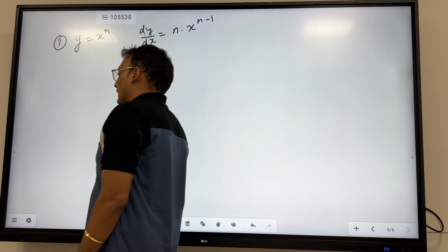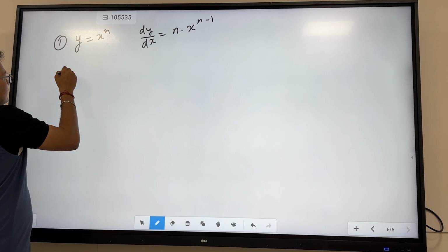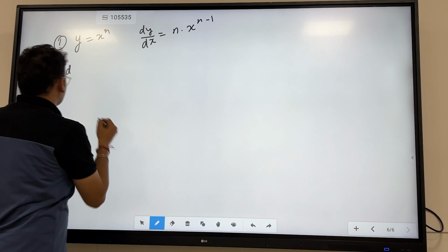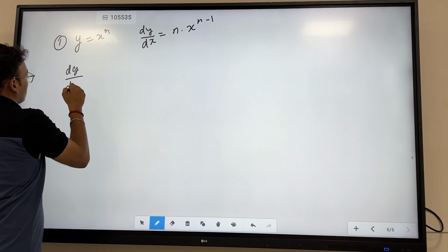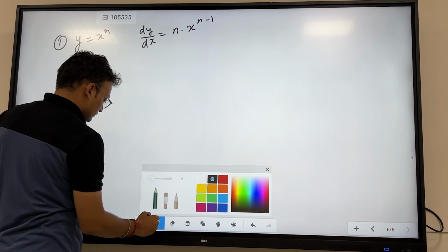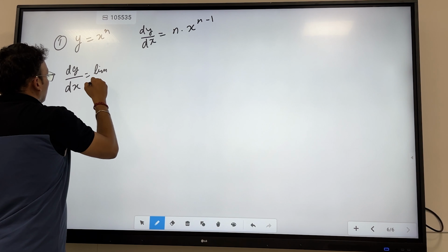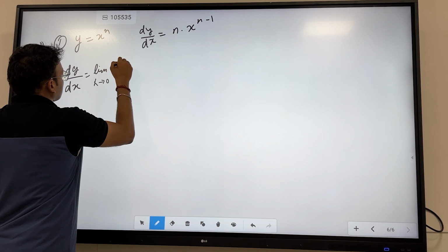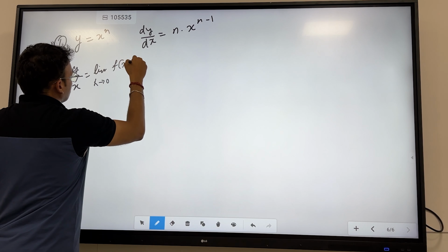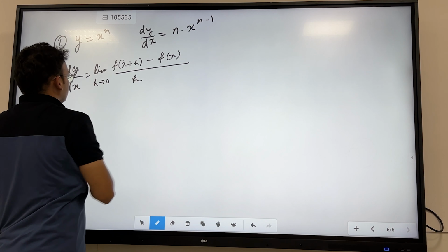Okay, so can I say now for first principle what I need is dy over dx, right? What is the first principle? dy over dx is the limit of h tends to 0 of f of x plus h minus f of x over h, right?